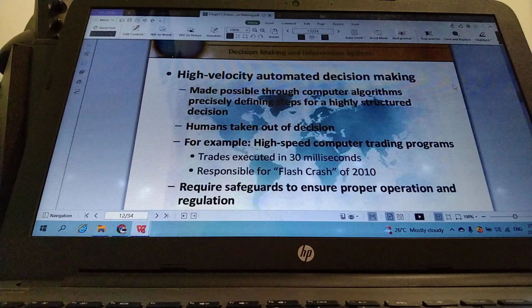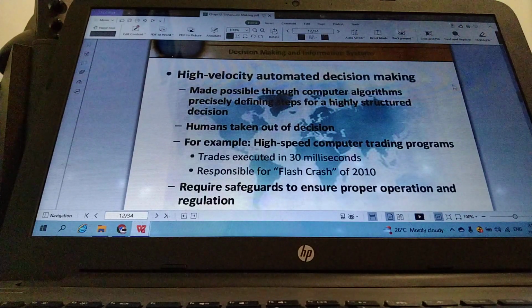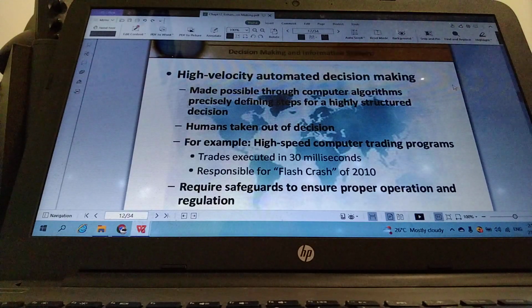So this kind of action or decision making requires safeguards to ensure proper operation and regulations are being followed. That's the reason why I mentioned earlier, it is a fully automated process. Just a matter of no human beings are involved, everything else will be done by the system. It is a fully automated system.